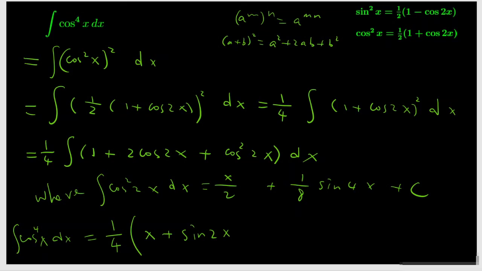And then the integral of cos of 2x, the whole thing squared, is here. I'm going to copy everything from here, and then plus x over 2, and then plus 1 over 8 sine of 4x, and then eventually plus c.